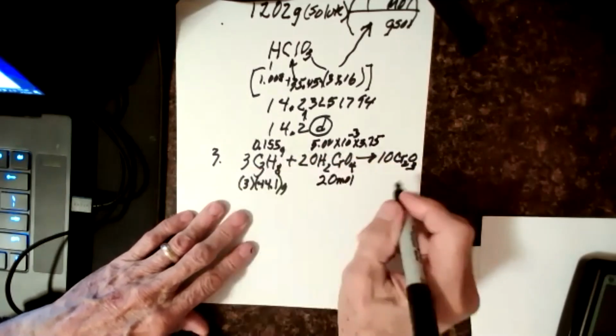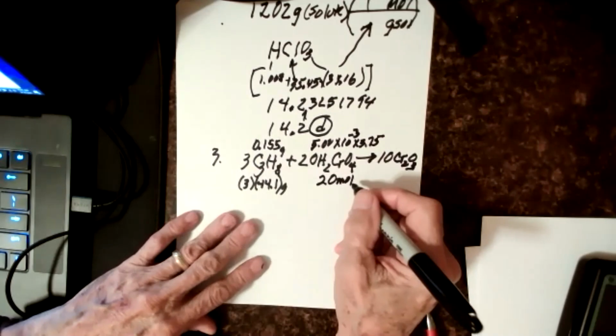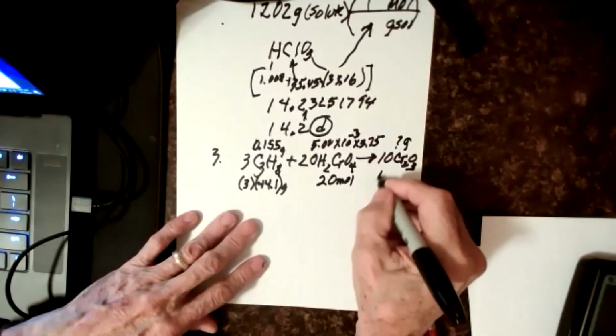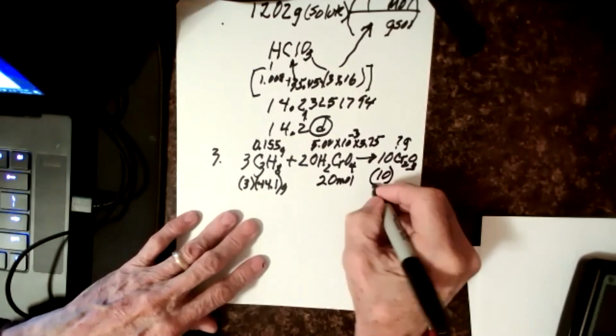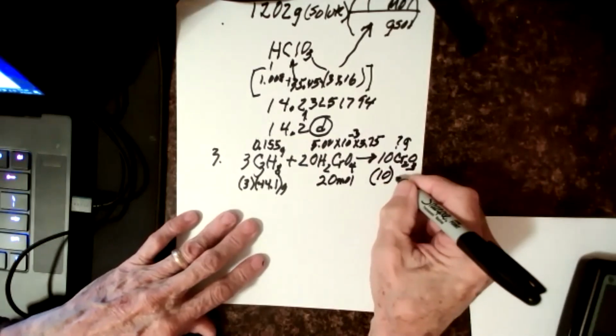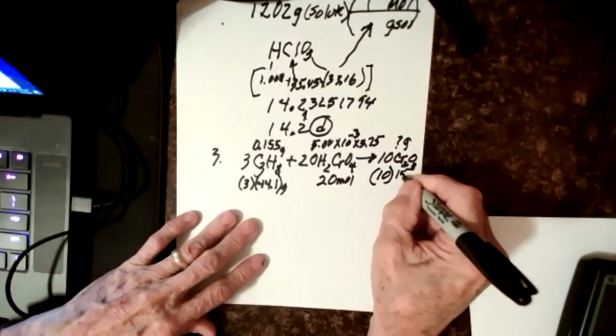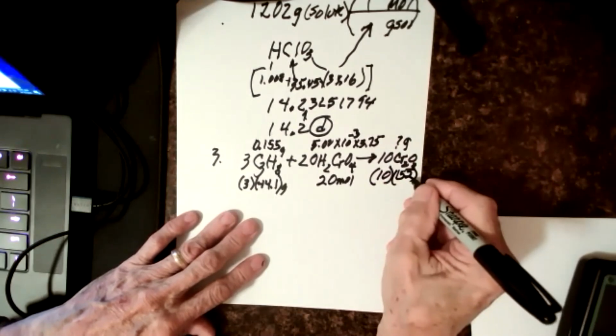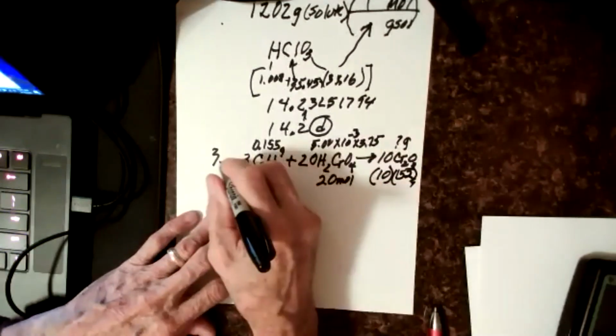Okay, that's my other rebalancing factor. And we want to know what mass, how many grams. The equation is showing 10 moles, and the molar mass is given at 152 grams.